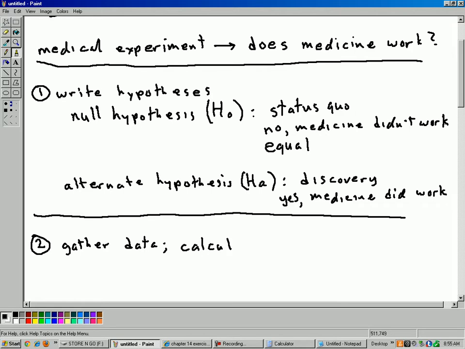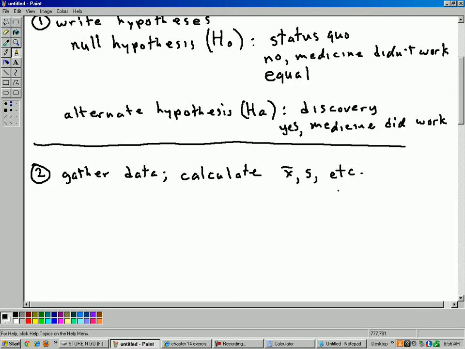You compute, for example, X bar or standard deviation or the percentages or whatever it is that you want to calculate. So that's essentially step two. And you can throw in a histogram or a box plot. All that stuff you learned about in earlier lessons, you would do in step two. Okay, then step three is you do the analysis.